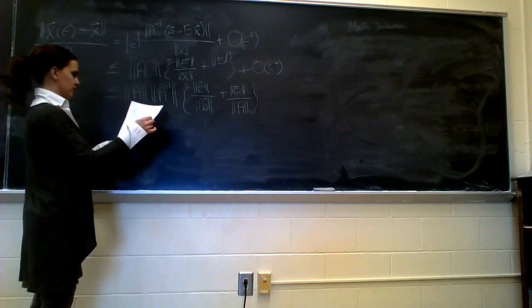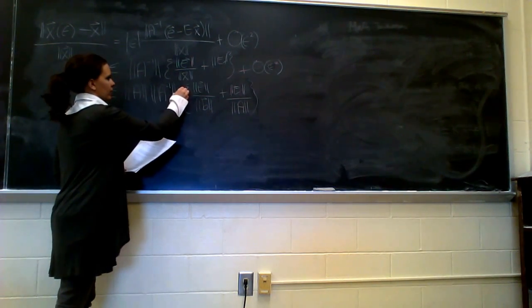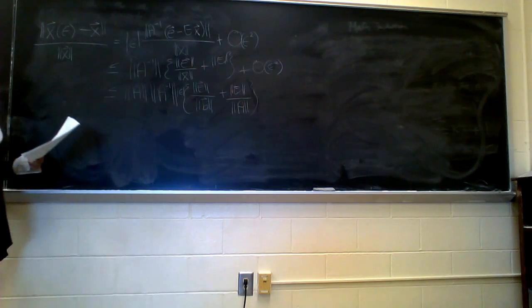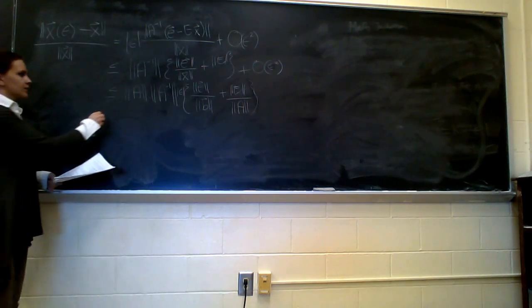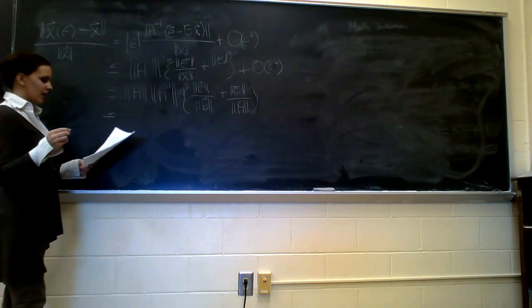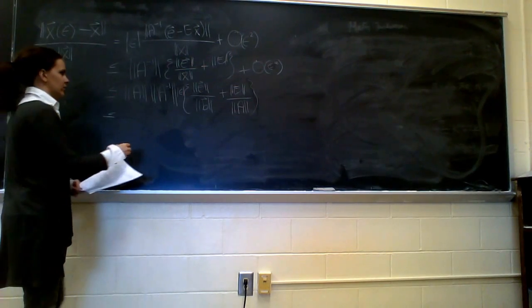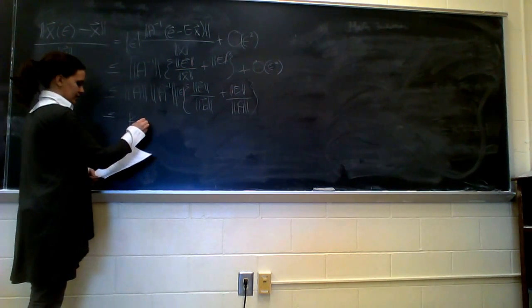But what I have now is, I'm sorry, I left out my absolute value of epsilon in front there. So what I have now is I've actually defined what we call the condition number. So I'm going to replace this right here.